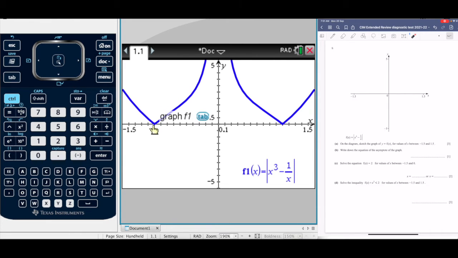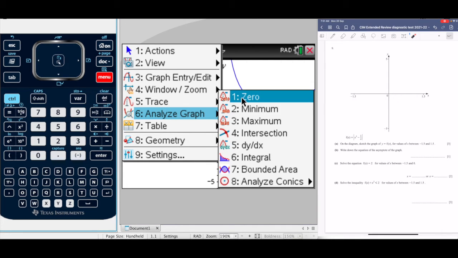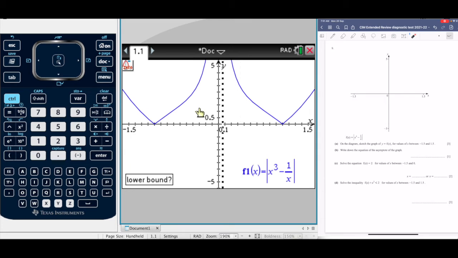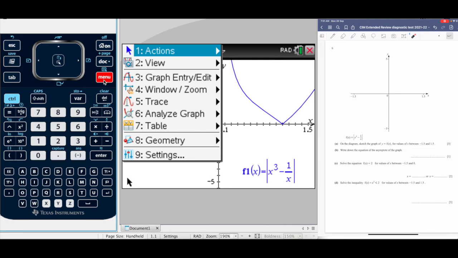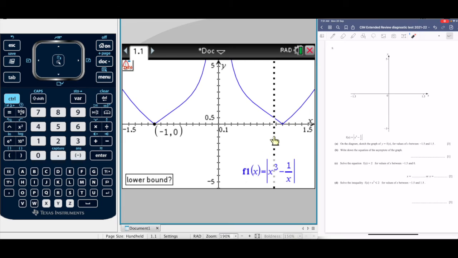Now I'm also wondering what these values here are, where it crosses the axis, because that's going to make it a little bit more accurate when I draw. So if I do analyze graph and 0, so it crosses there at minus 1, and I could do the same the other side. Looks pretty symmetrical. Yep, there we go.